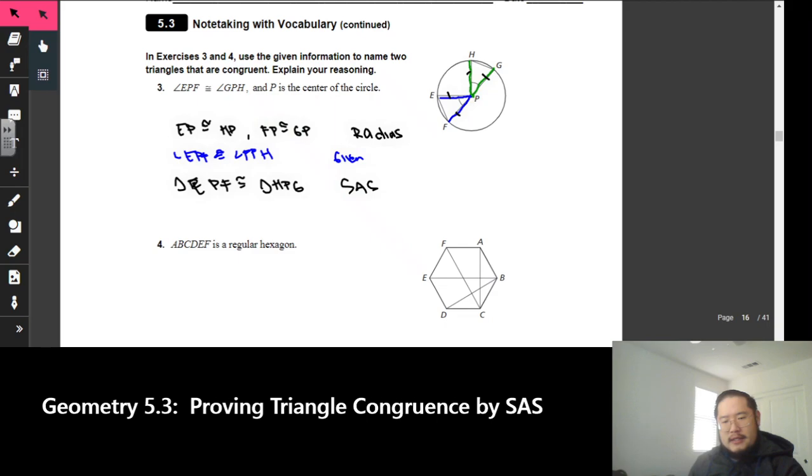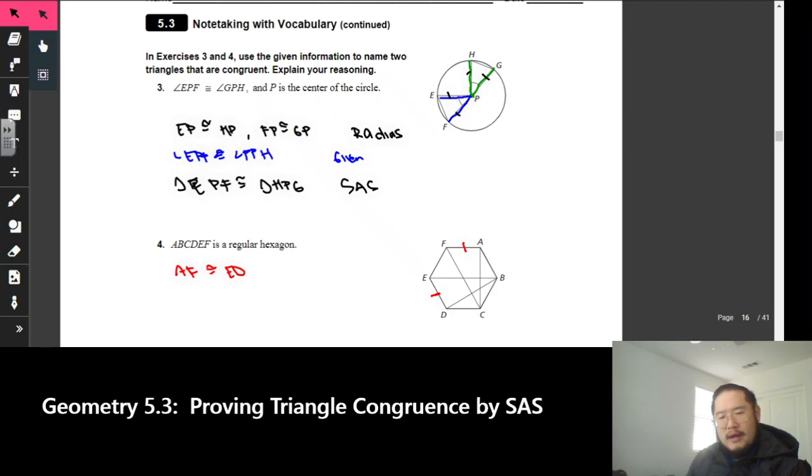Remember, if I know that a side is congruent, we've got all sides around the outside to be congruent. And so we know that AF is congruent to ED. All right, so that's one part of our triangle.